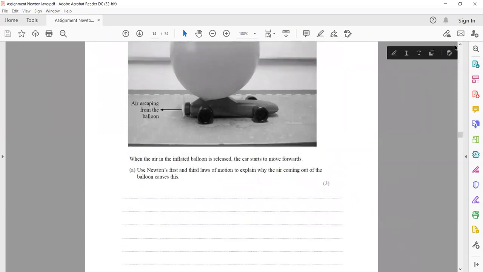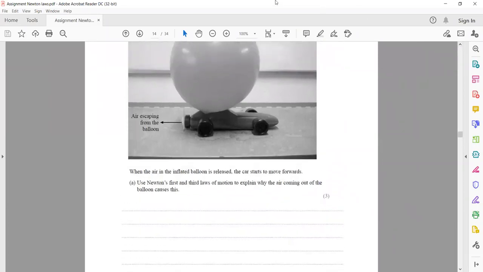So basically what happened, according to Newton's third law, as the air molecules are coming out, there is a force by the car on the air, and according to Newton, the forces always act in pairs.